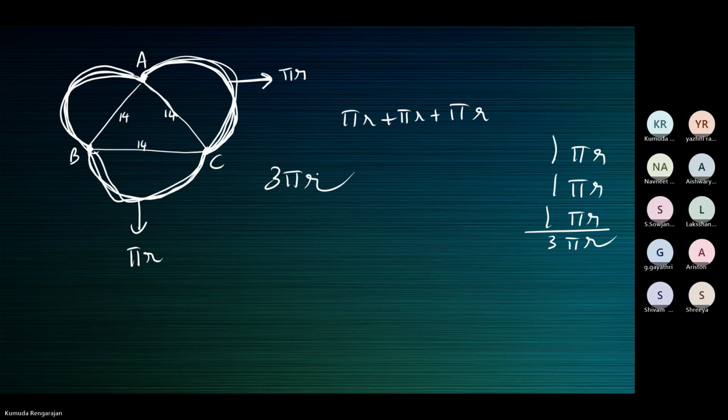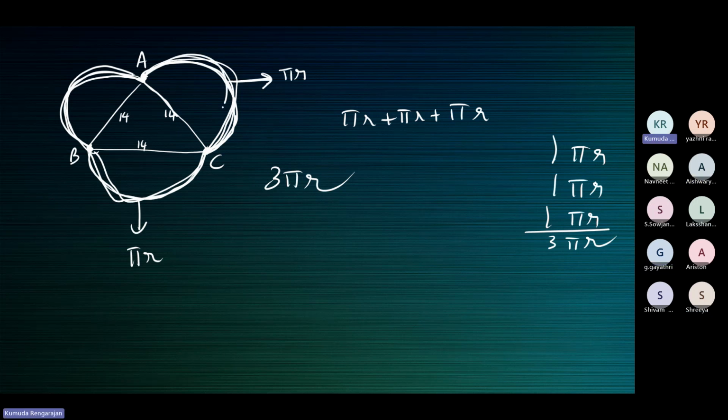And what's the radius of the semicircle? Ma'am, 7. What is 14 for the semicircle? Diameter. Correct.